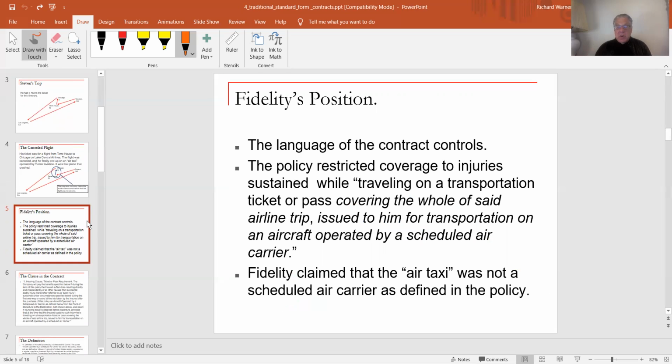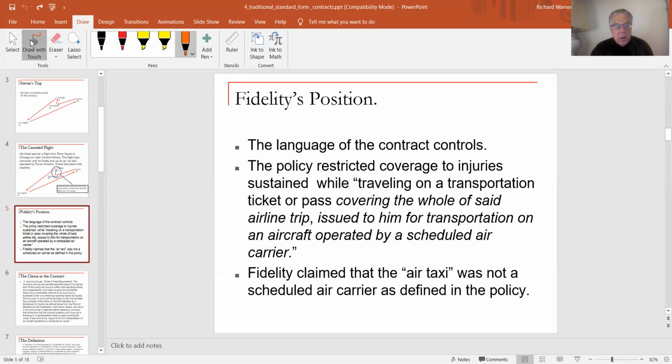So Fidelity, the insurance company's position, is that the language in the contract controls. They said, well, you're not covered, just read your contract. It says the policy restricted coverage to injuries while traveling on a transportation ticket or pass covering the whole of said airline trip issued to him, Mr. Stephen, for transportation on an aircraft operated by a scheduled air carrier.